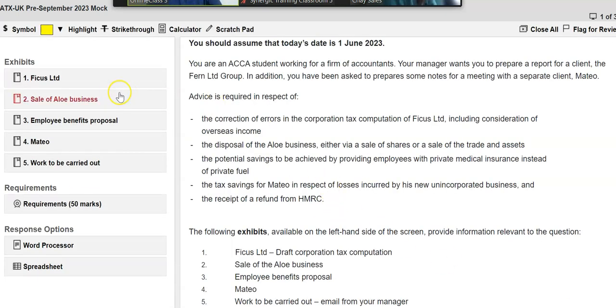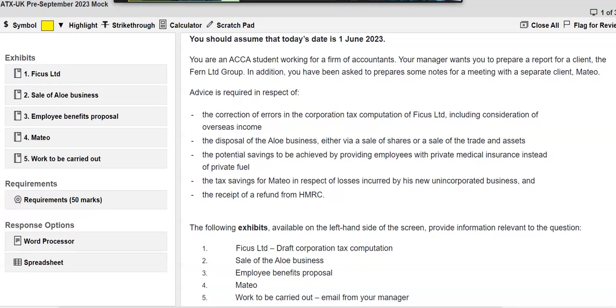Okay, so we have this tab, and in this tab what we are having is the exhibits, right? So exhibit 1, 2, 3, 4 and exhibit 5. So exhibit 5 is your main requirement, the work to be carried out, and requirements, and then word processor.